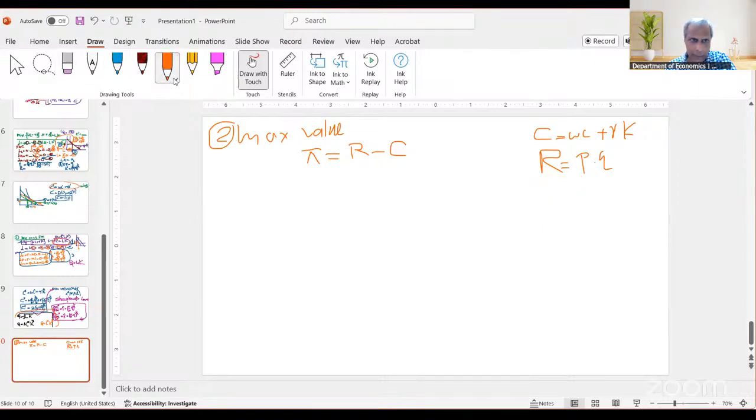I'll take the same simple production function of L and K, but in the exam you can practice the others also. Now for the revenue, you can see P is given. P is already in the market. Then finding the revenue is not your job because P is market available and the L K.